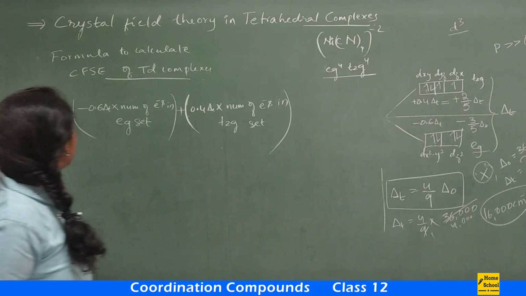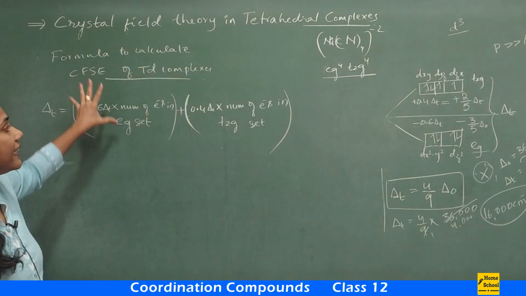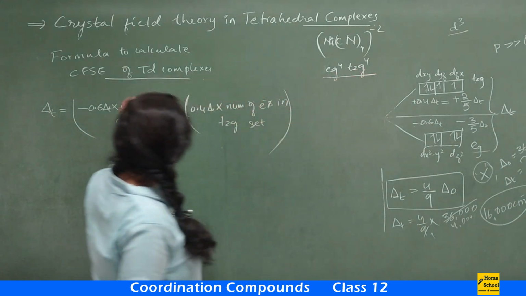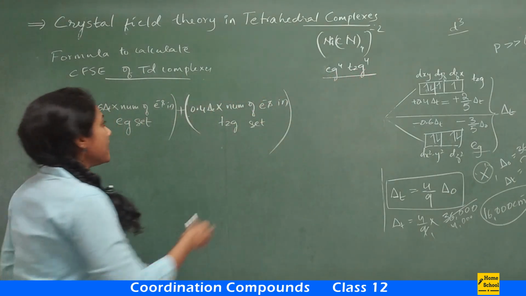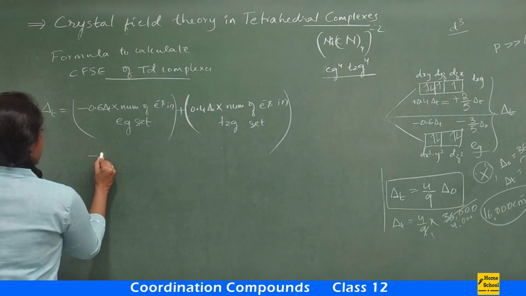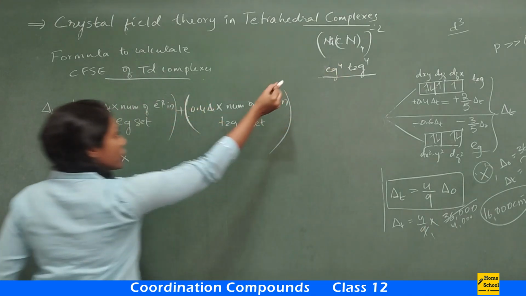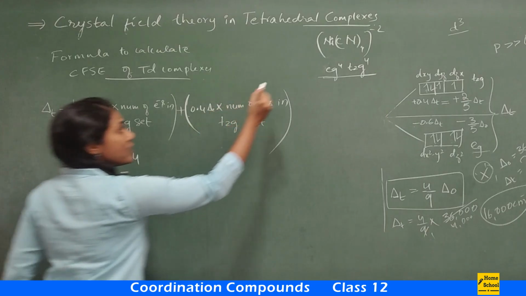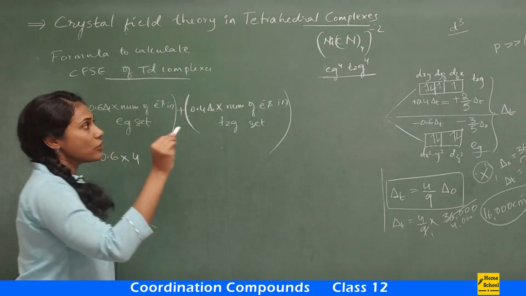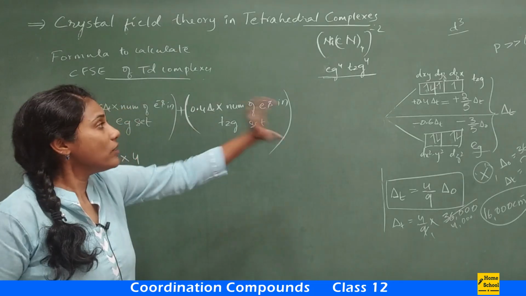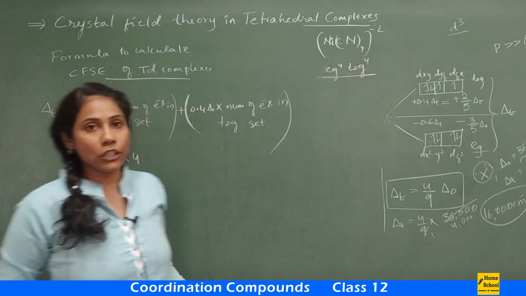If you want to calculate the CFSE of any tetrahedral complex, first you need to write the electronic configuration, then use the formula, guys. How many electrons are there in EG? 4. Once you write the electronic configuration, you will come to know how many electrons are there in EG and T2G. That is the purpose of writing the electronic configuration.